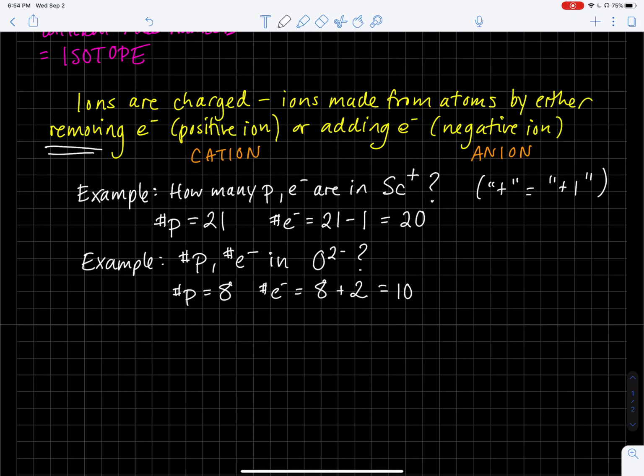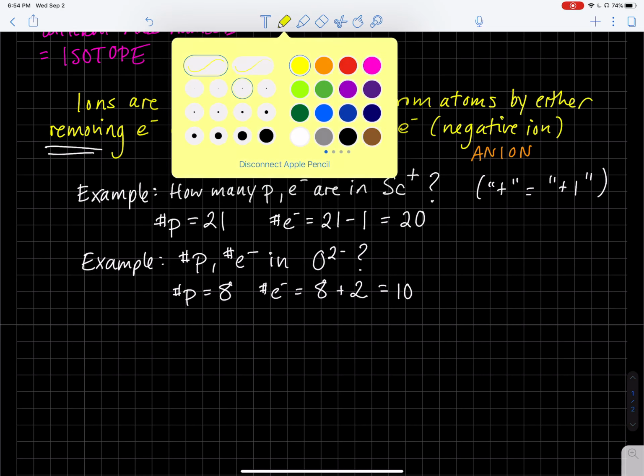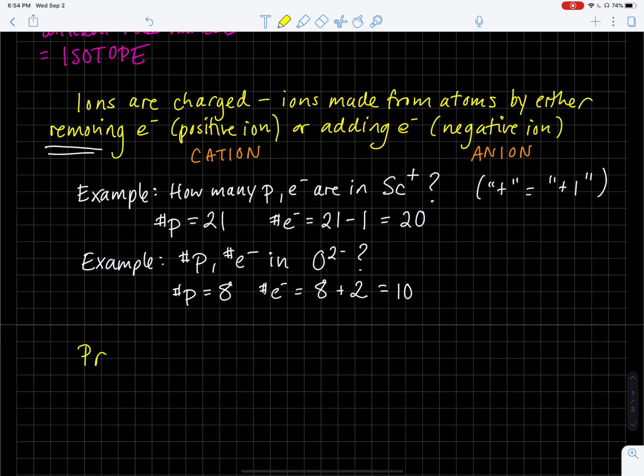Okay, so now I'm going to give you a problem, and you can stop the video and try the problem, and then you can come back to see my answer. And you'll need a periodic table to do this problem unless you've memorized the periodic table. So how many protons, electrons, and neutrons are there in each of the following?